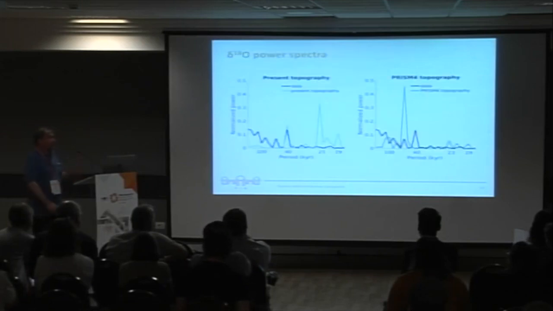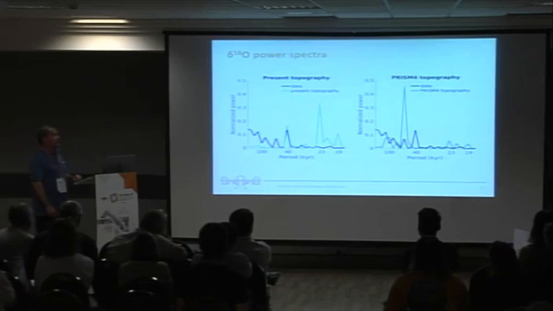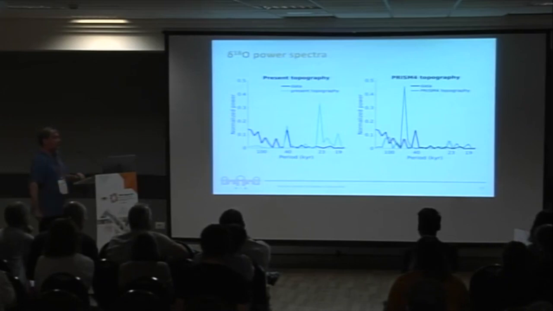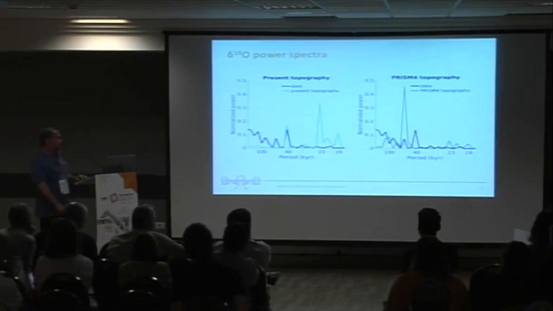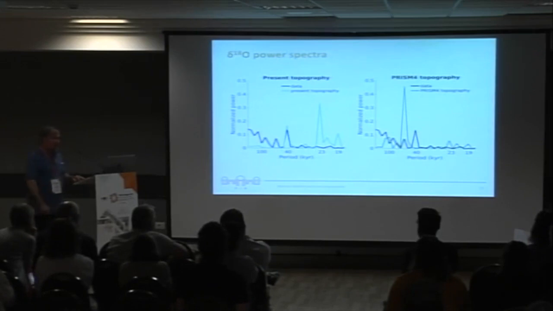Interestingly, if you make a spectral analysis of this simulated δ18O and compare it with the Lisiecki-Raymo spectra, for present-day orography the model correctly simulates the maximum at the 40 kiloyear world. Of course, we probably simulate too much precession, but interestingly there is another peak at about 60,000 years in the data which we don't have in the model.